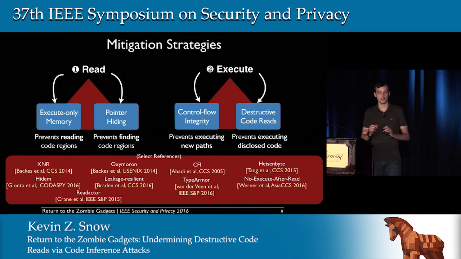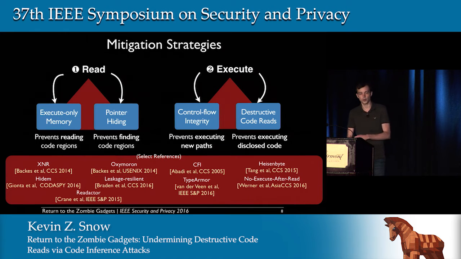In general, they can be broken down into one of two categories: defenses that attempt to prevent either the mapping of program memory or the disclosure of the actual data at that memory, so defenses that mitigate step one, the read step. And then you have another set of defenses that attempt to mitigate the exploit at the execute step. So assuming the attacker is able to find the gadgets and build their payload, we want to stop the actual execution from happening. For example, with the last presentation, control flow integrity falls into this category.